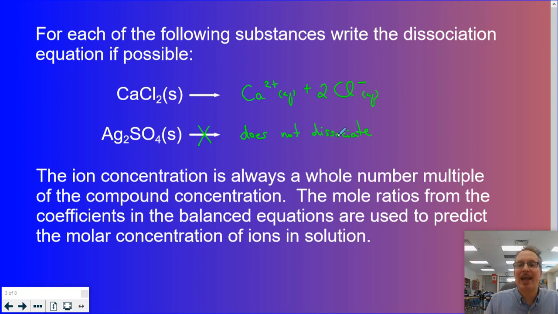And therefore, you can't do the question. What I want you to notice is from the 3 examples we've done, this one on this page and the 2 on the previous page, the ion concentrations are always written in whole number coefficients. This is important for the next step that we do. Remember, every time we're balancing, we're using these whole numbers to make sure that everything is equal on the left and on the right.